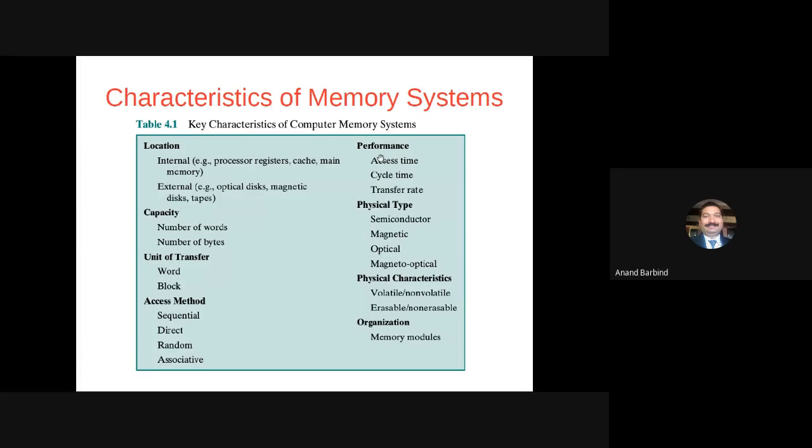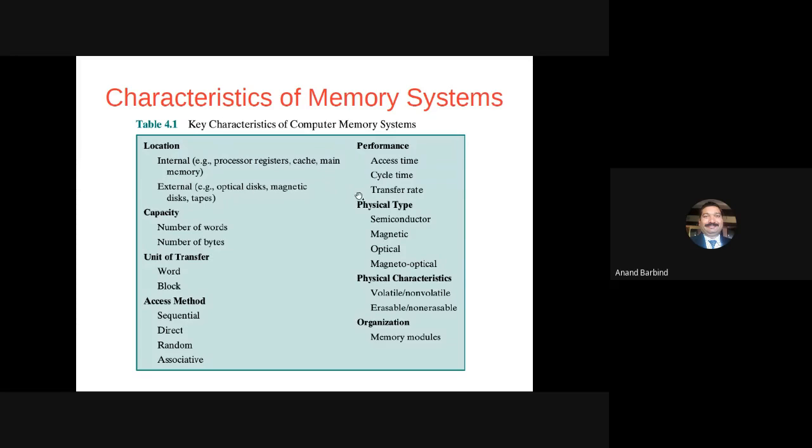The performance of the memory can be measured, and different memories can be compared, based on the access time, how much time is required for accessing. For example, the access time for the static memory is very much less than the access time for the dynamic memory, whereas the access time for the external memories is high.